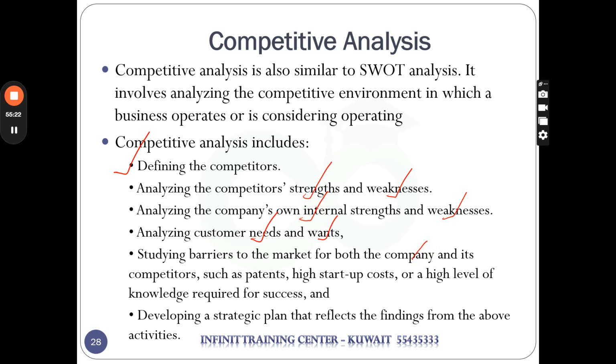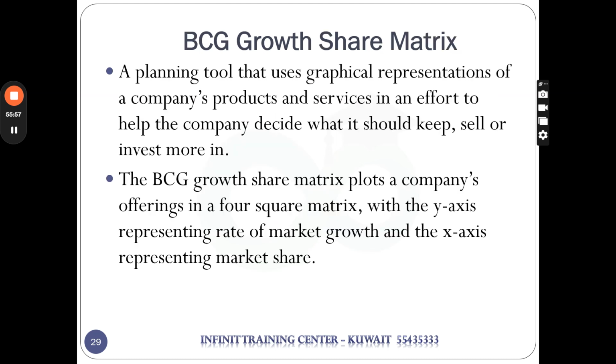So are there any barriers to enter this market, like a copyright, or a high level of knowledge required for success, or high startup cost? Then develop a strategic plan that reflects the findings from the above. So you have to analyze all this, and from the findings you have, develop your strategic plan. This is competitive analysis.